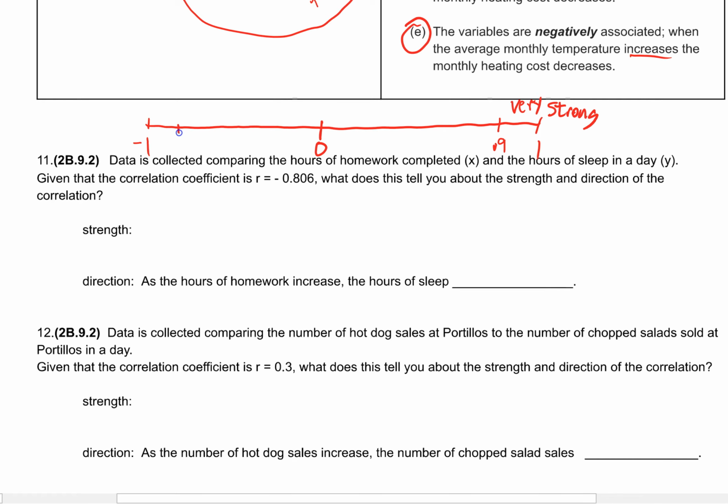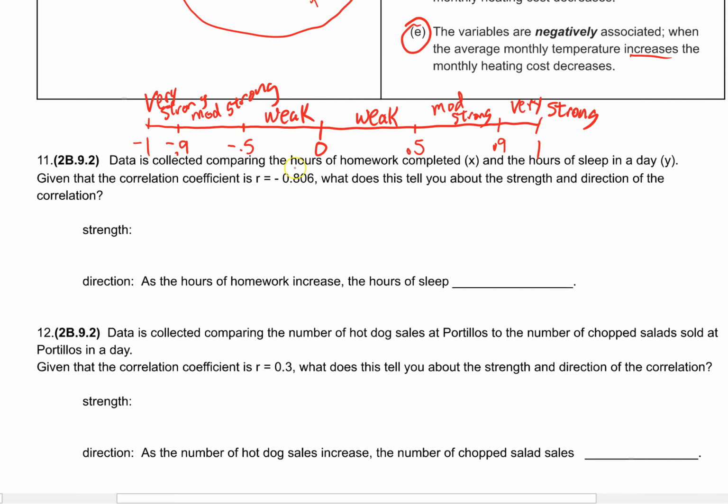Likewise, from negative 0.9 to negative 1 also is very strong. From 0.5 to 0.9 is moderately strong, and likewise over here from negative 0.9 to negative 0.5 is moderately strong. And then between 0 and 0.5, that's considered weak correlation, and over here is weak as well.